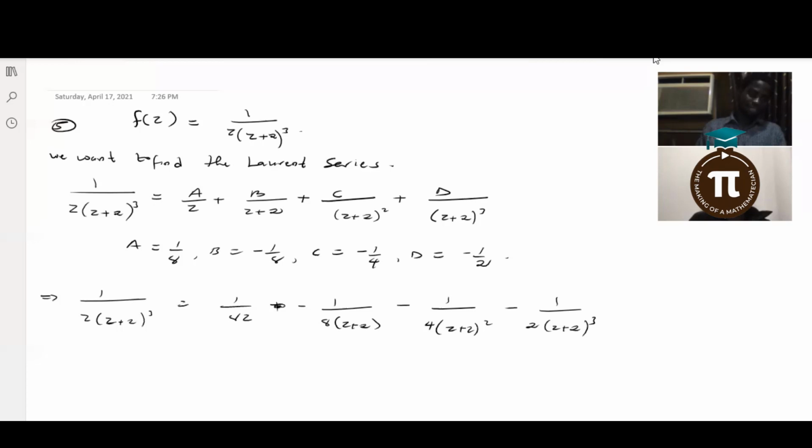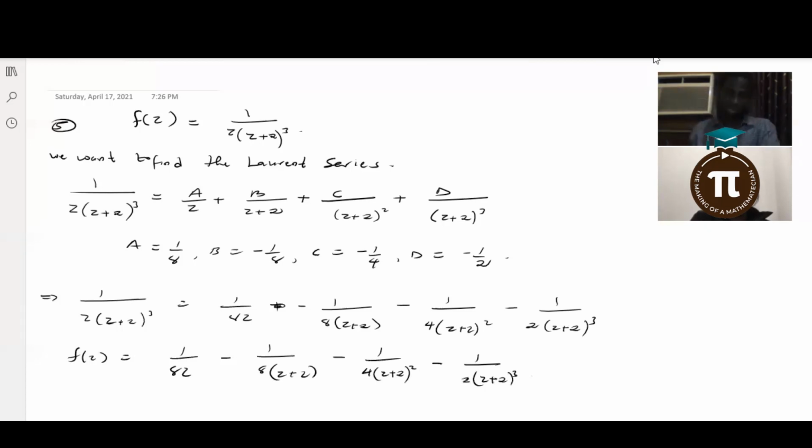So that means f of z is equal to 1 over 8z minus 1 over 8(z plus 2) minus 1 over 4(z plus 2) all squared minus 1 over 2(z plus 2) raised to power of 3.